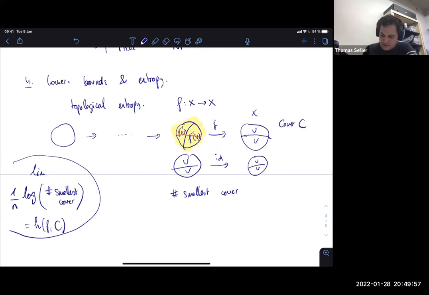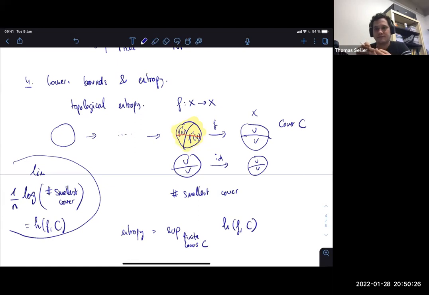And then the entropy is the supremum over finite covers C of H_F(C). And this is actually a way of explaining how the number of orbits grows. So it's the exponential rate of the growth of orbits, right?